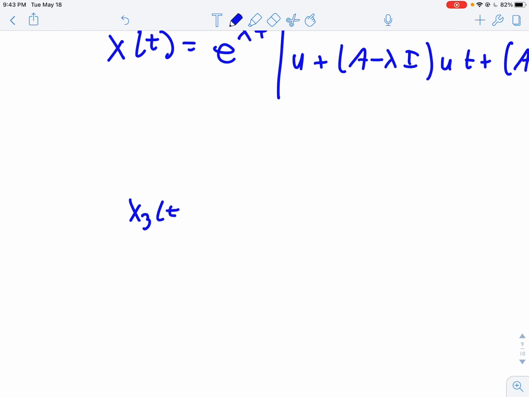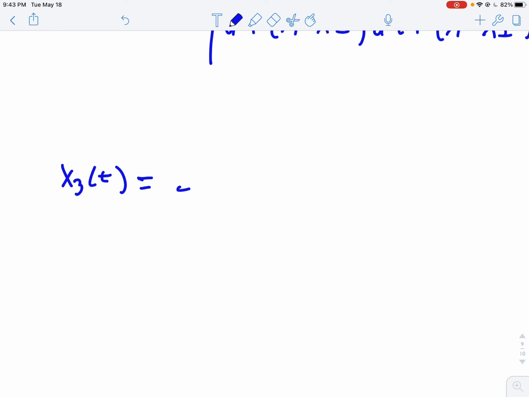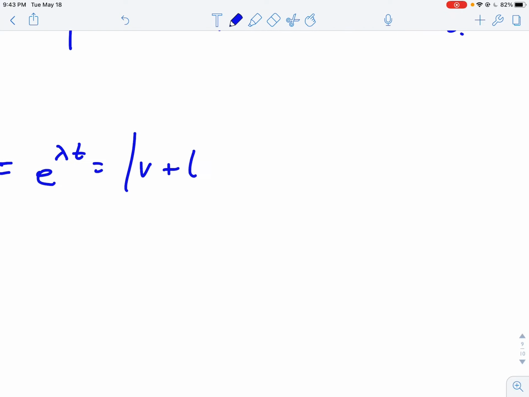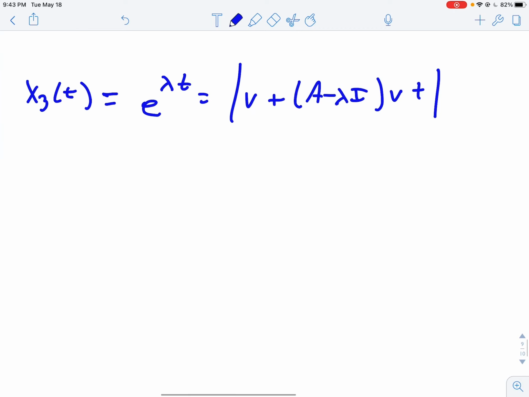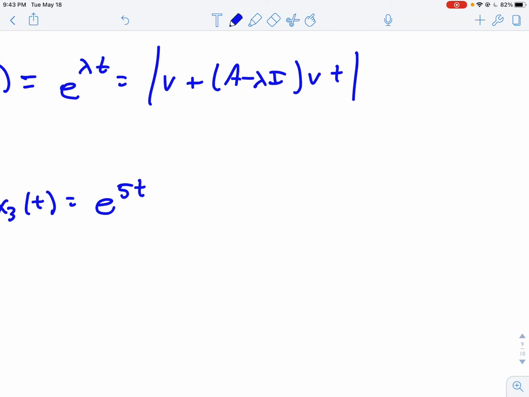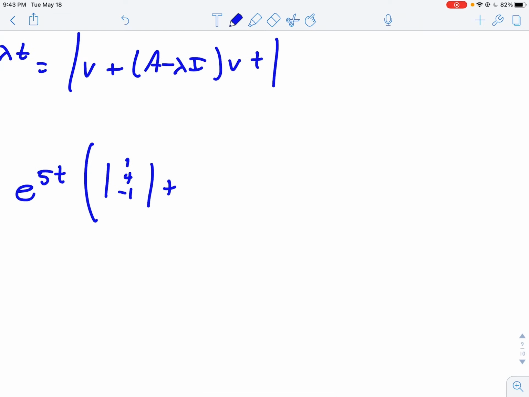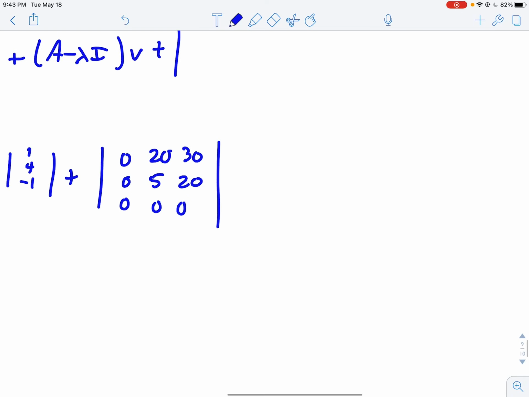So our third entry, x3 of t, looks like this. e to the lambda t is equal to our eigenvector that we just found plus A minus lambda I times our eigenvector times t, which looks like this. e to the 5t times our eigenvector 1, 4, minus 1 plus our original matrix 0, 20, 30, 0, 5, 20, 0, 0, 0, minus our eigenvector 1, 4, 1 times t.